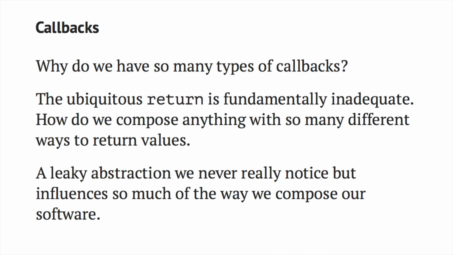So why do we have so many types of callbacks? I think that's because the return statement that we use in pretty much every language is inadequate. So we have to compose things differently. It's a leaky abstraction, but we never really look at it as such. It's just the way it is that we all accept.